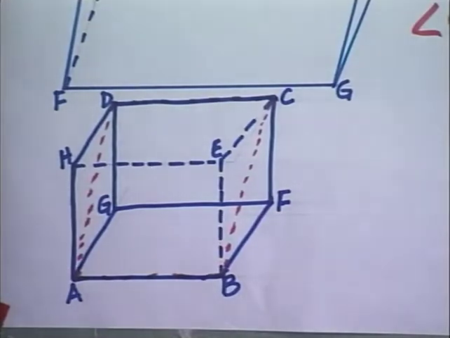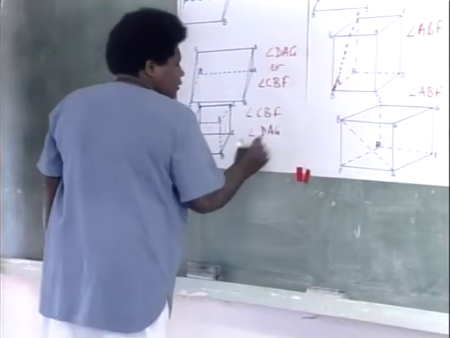Okay, the common line is still AB. Margaret, what do you think? Angle CBF or angle DAG. Okay, same. Angle CBF and angle DAG.